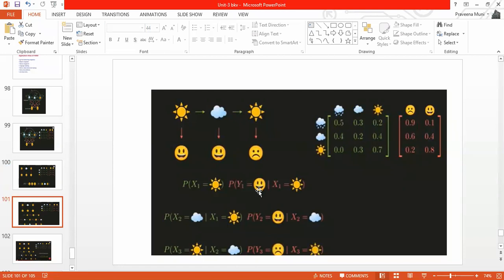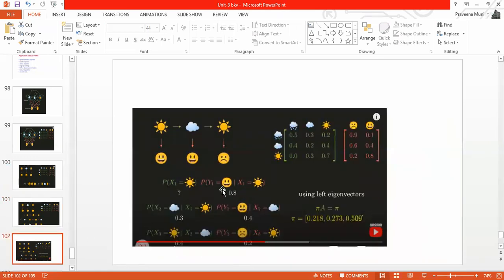What is the probability of happy given sunny? The value is 0.8. The transition from sunny to foggy is 0.3.